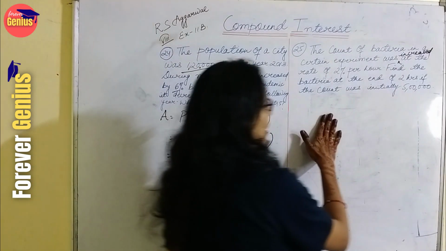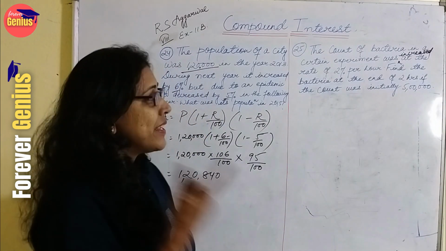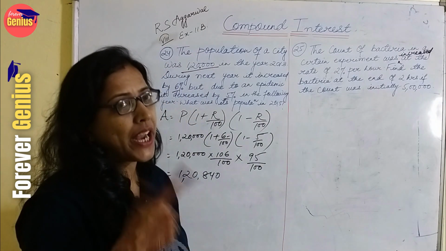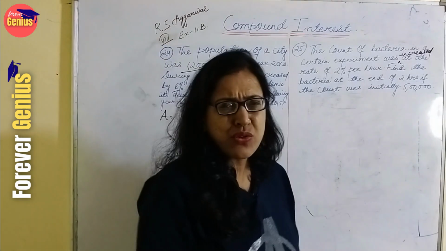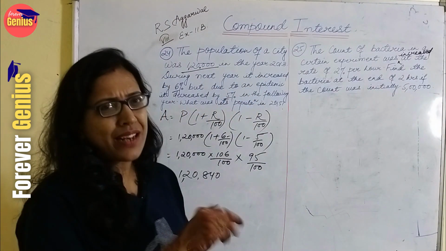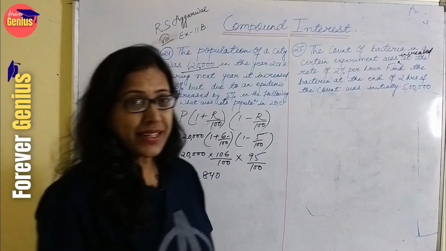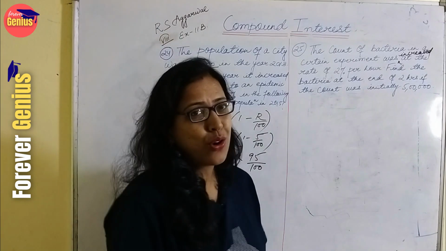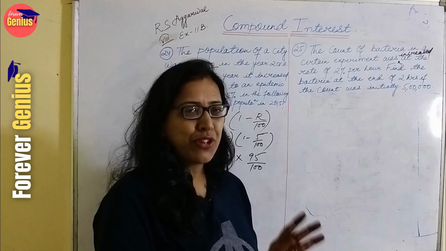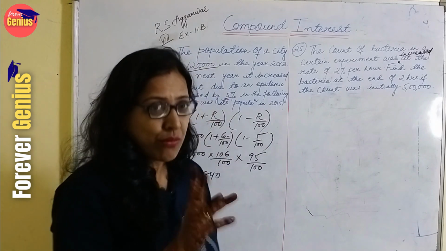Now they are saying the count of bacteria was 5 lakh and it is increasing at the rate of 2% per hour. So I can calculate flat 2% and find the answer, then apply the formula of simple interest, isn't it? Yes, a lot of students may think that, but if you do that, it will be totally incorrect.